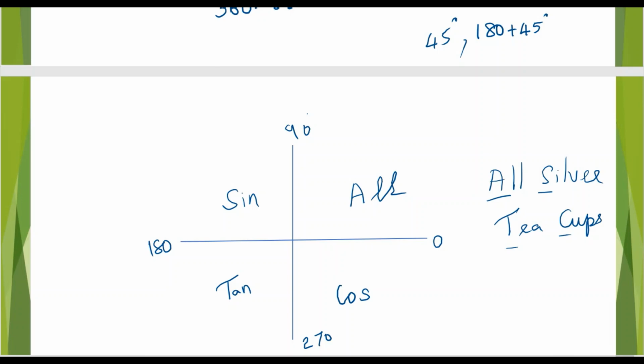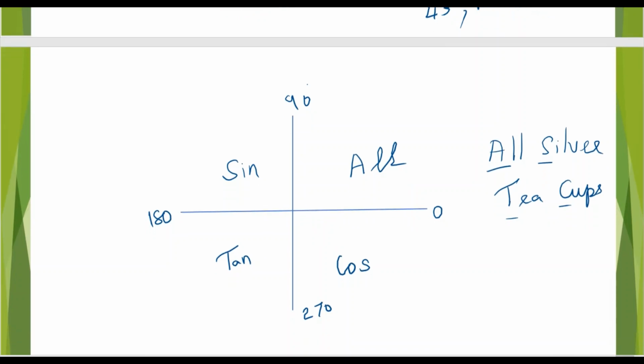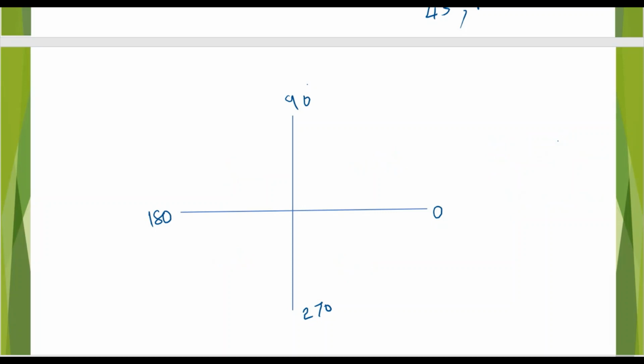Okay, and let us see how to solve cos x by using this quadrant. Cos x equal to 1 over 2. We know the value is 60. Draw a line for 60. Okay, so we'll be getting something like this.